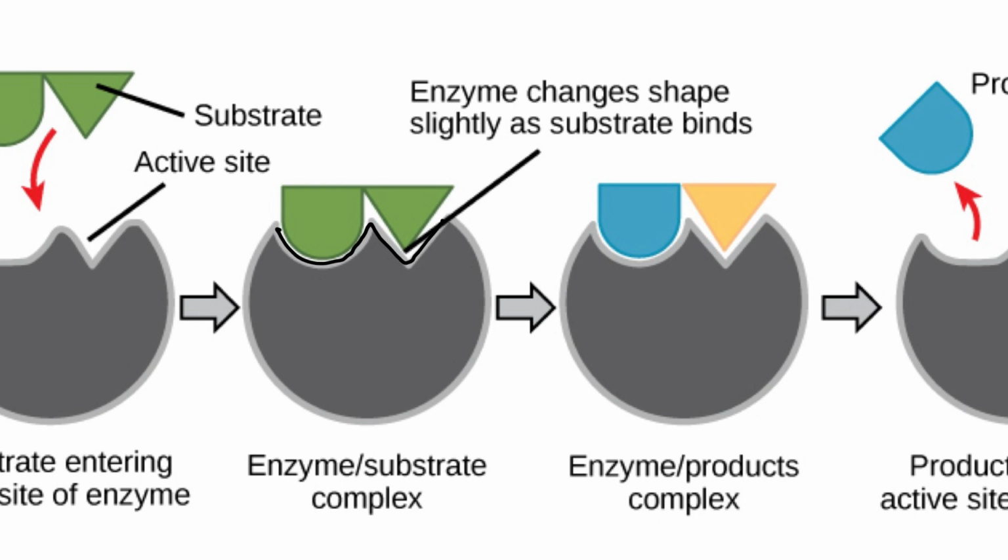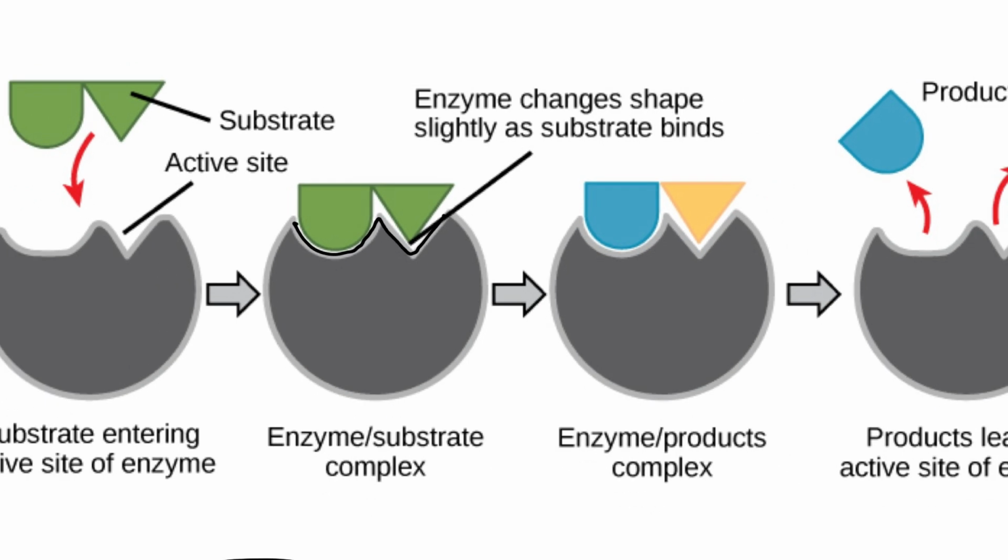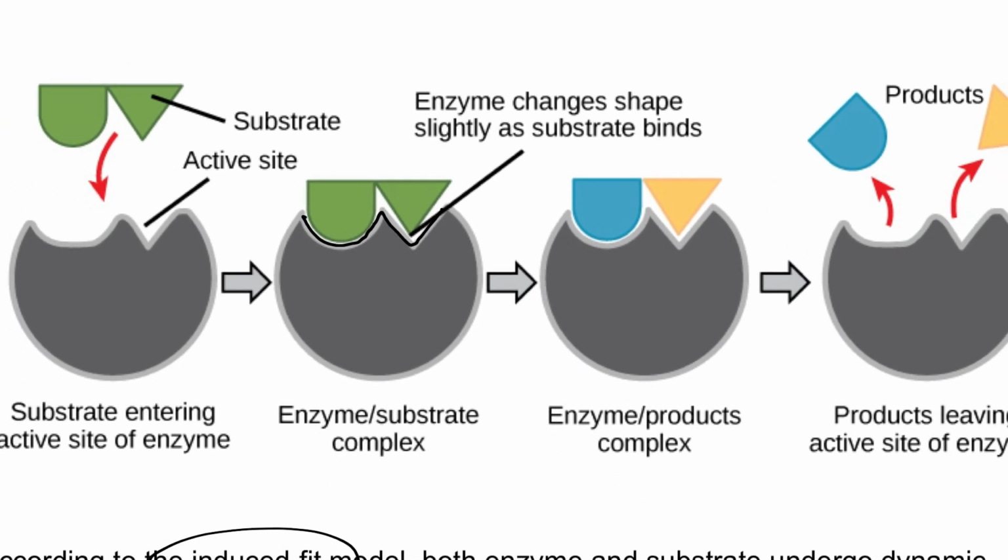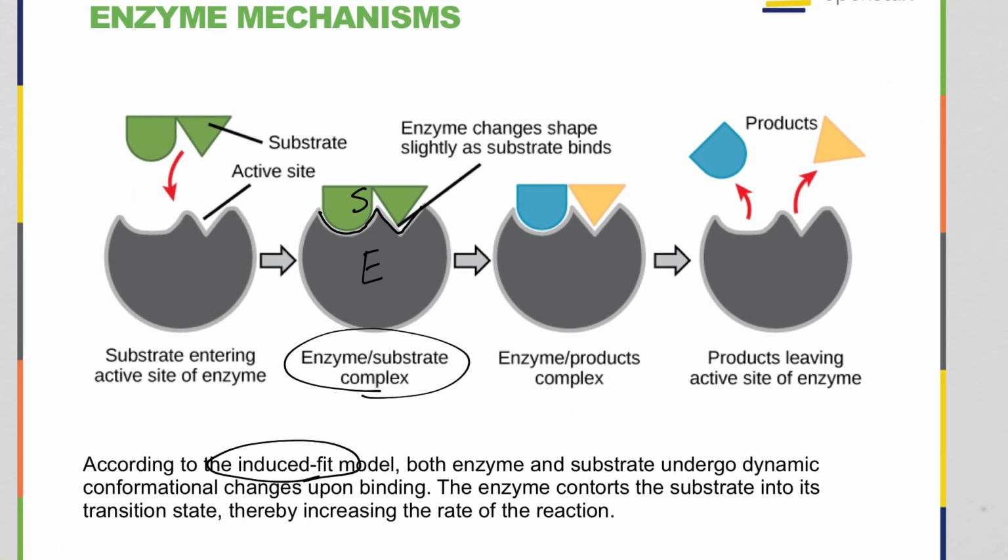And once they do, then you produce this enzyme substrate complex, which just really means the enzyme, this guy, and the substrate are bound to each other. Once that happens, you can actually have a reaction. In this case, we're going to be splitting these two halves of the substrate molecule apart. So this would be a catabolic reaction because we're taking a large molecule and breaking it apart into two smaller ones.